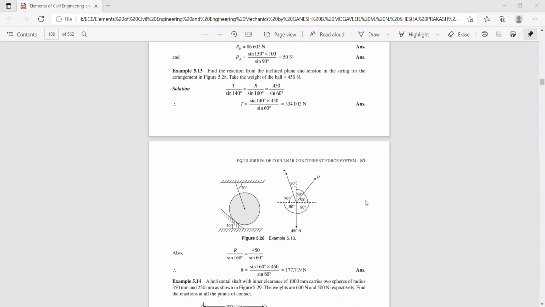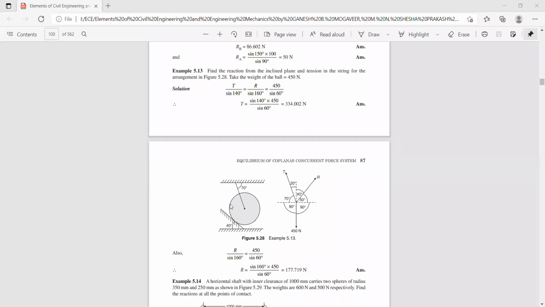Now you can see here, there's one more problem wherein a sphere is given, the weight of the ball is 450 Newton. It is hung by means of a cable or a string, which makes an angle 70 degree with respect to the horizontal axis.